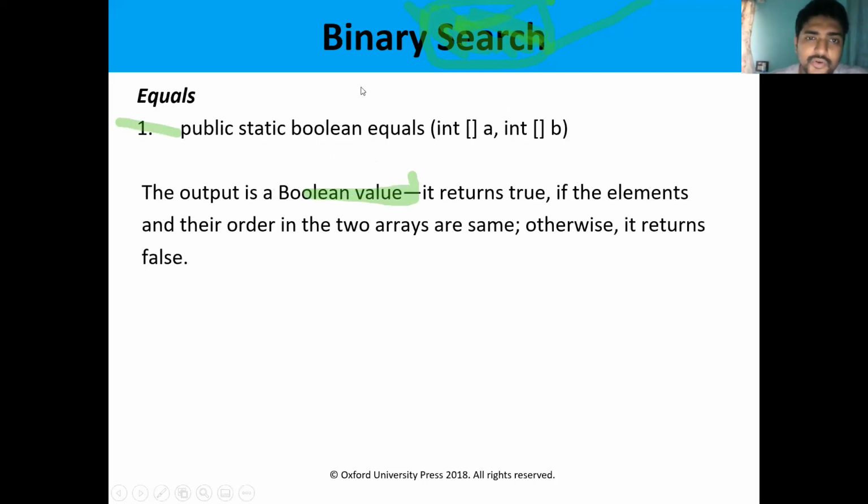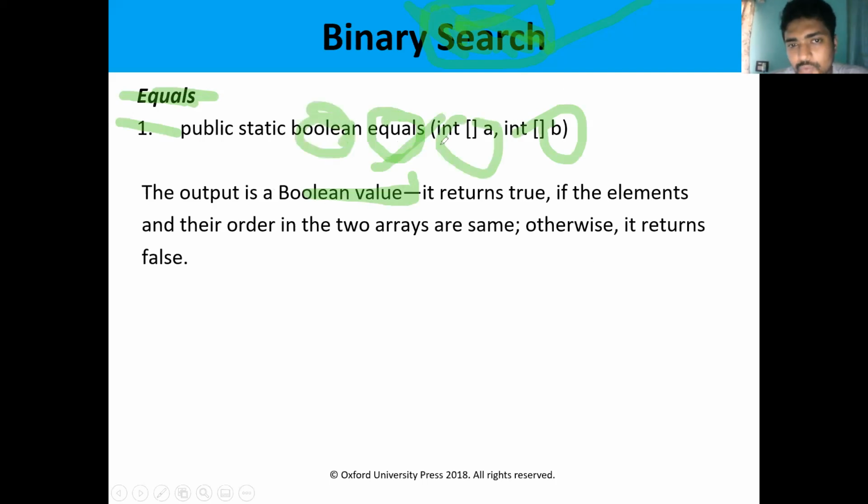To check whether two arrays are equal or not, we can compare them using the equals method, array A, array B. If the two arrays are equal, it returns boolean true. If the two arrays are not similar, it returns false.